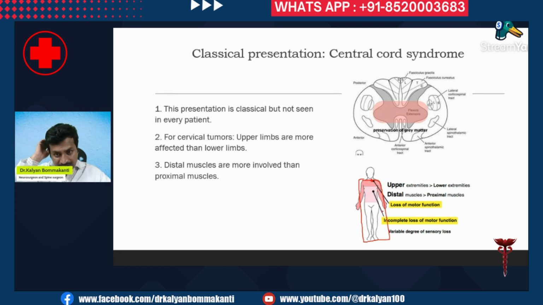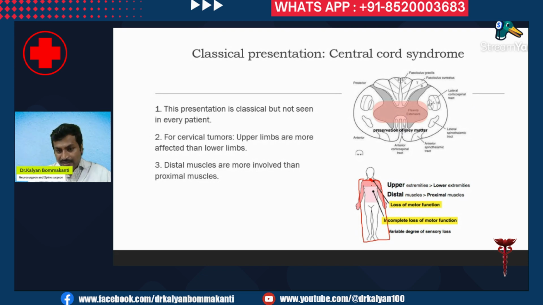So let me explain in a concise way the central cord syndrome. Suppose the patient has a tumor in this part. Then at the level of the tumor, the patient will have loss of the motor function. That is, he will have paralysis or weakness.